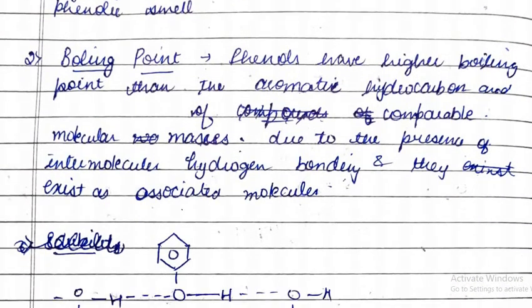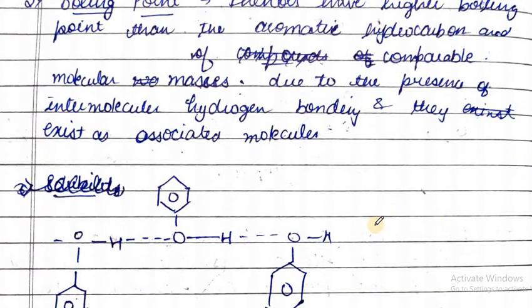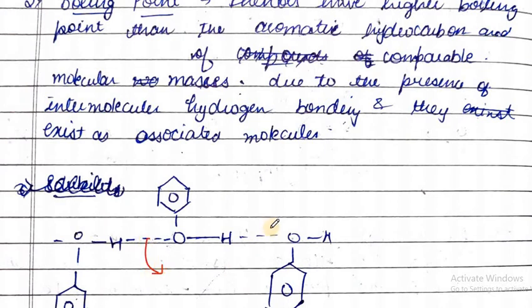And then is the boiling point. In boiling point we see hydrogen bonding between the phenol molecules. This is one phenol molecule, and this is another molecule, and then this is another molecule. In this, hydrogen bonding is present. So these have hydrogen bonding, so they are soluble in water.